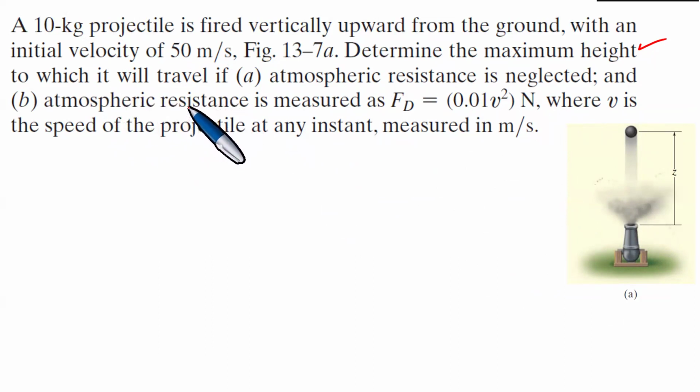To what height will it travel? That is exactly the discussion at the moment. We're interested in knowing the maximum height to which it will travel. Let's take a look.